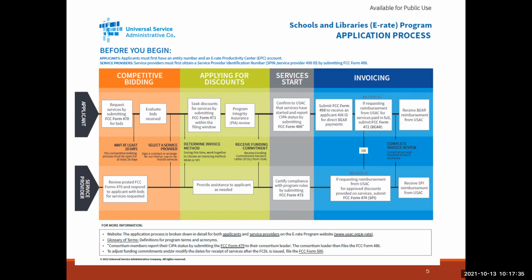And then there's reporting and work to be done after you get approved for the funding. So it's more of a cycle than it is like a start and a finish line. It goes through the whole year, and I'll show you through calendars and other illustrations what that might look like.